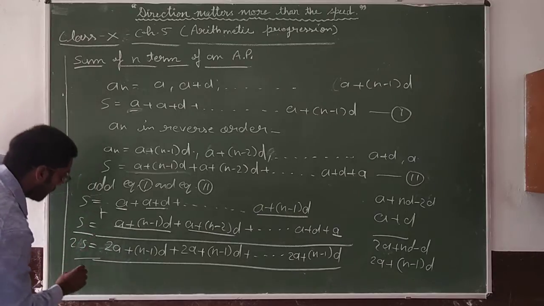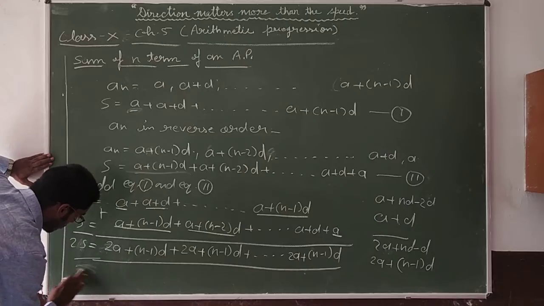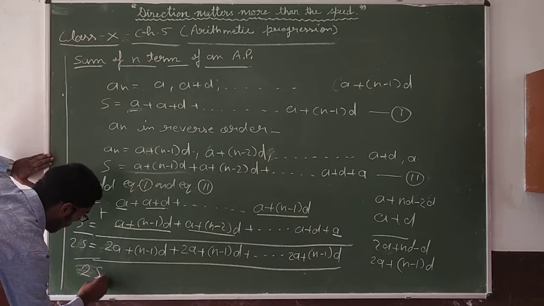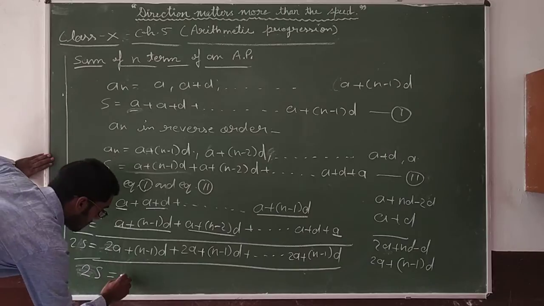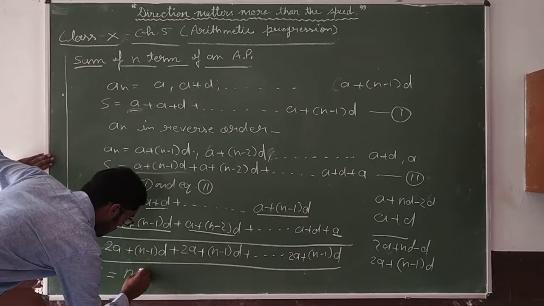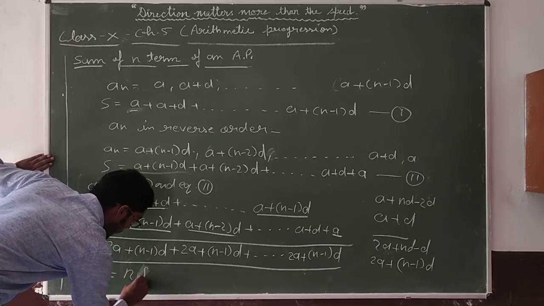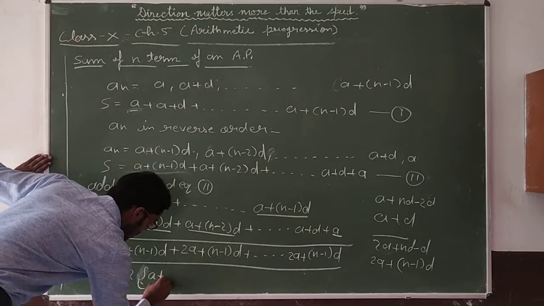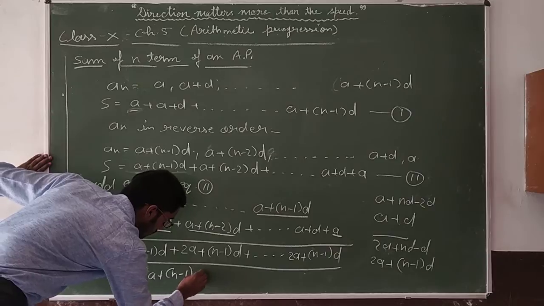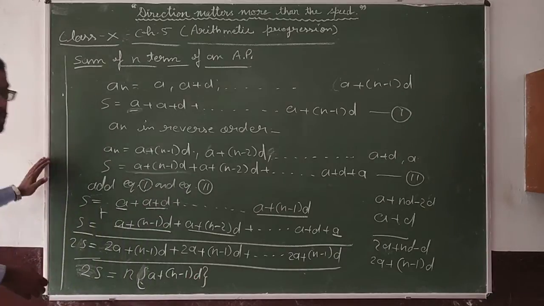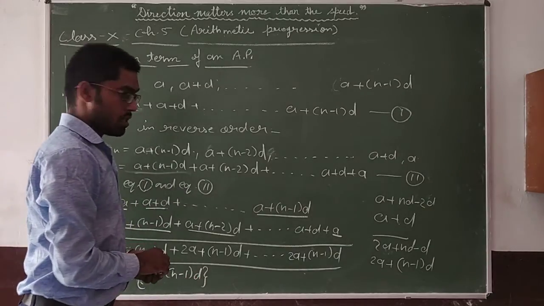Then 2S is equal to n times, what n times? (2a + (n - 1)d).